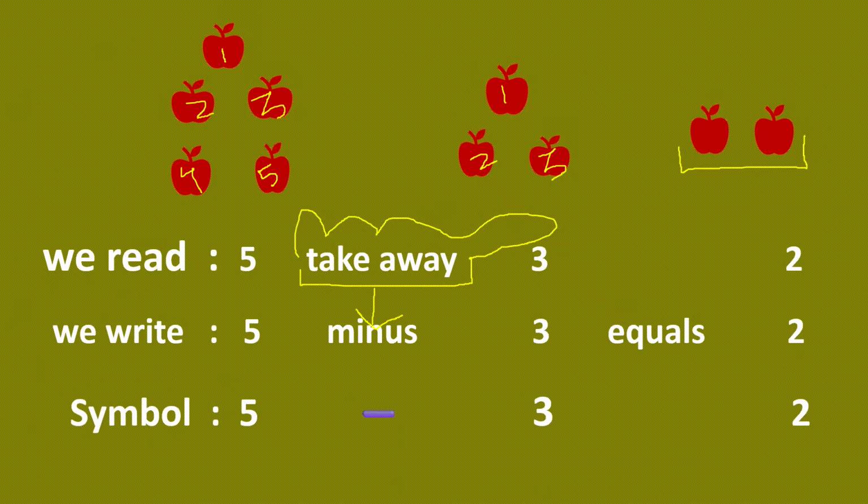Next one is the symbol form, like 5 minus 3.